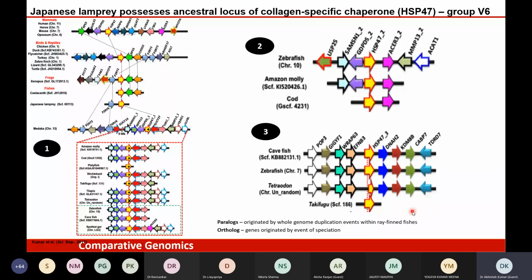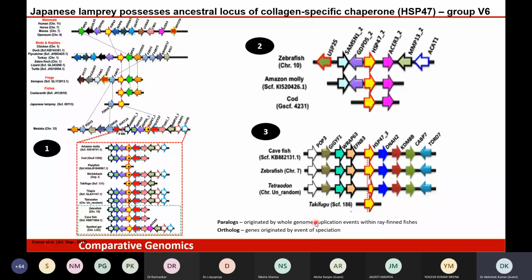And orthologs are genes which occur by the event of speciation, meaning one species will have one. If mouse has one and mouse converts into rat or whatever rodent it is, they will also have one copy because of gene pool transfer from their ancestor. That is ortholog.